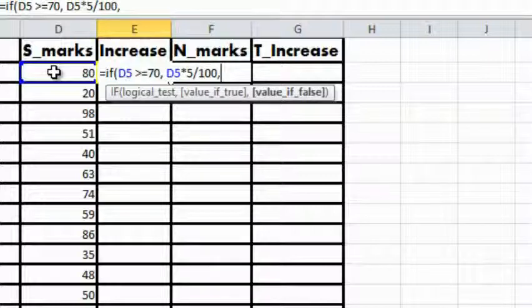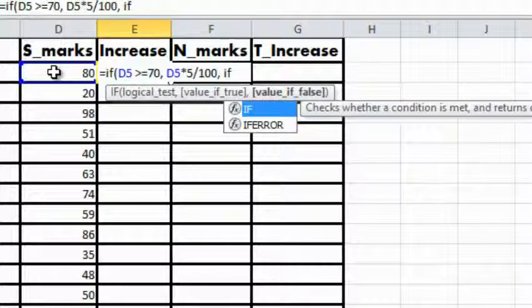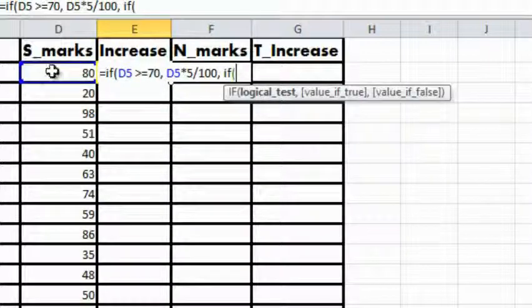Else if the mark is more than or equal to 60. Of course, it's embedded in the function that once we have 70 first, then the mark can only go from 60 to 70, so we don't need to state that the mark is less than 70.